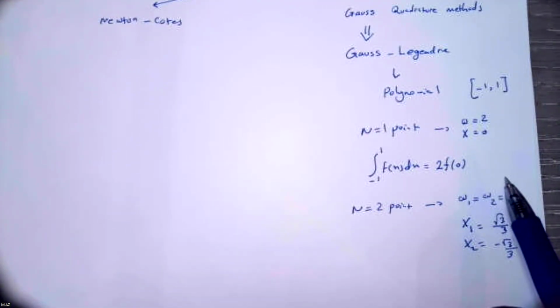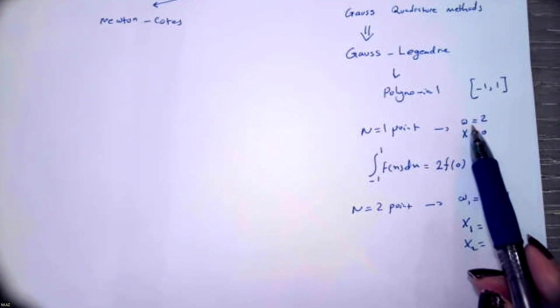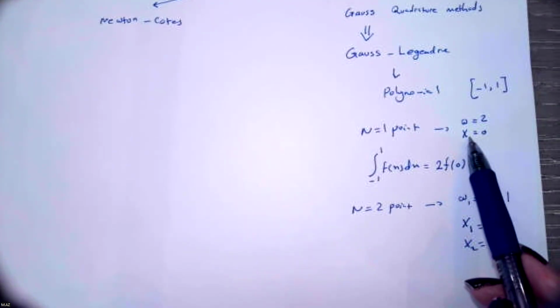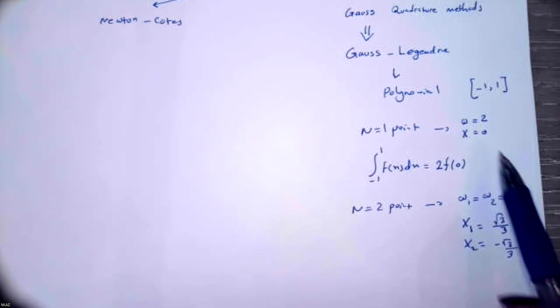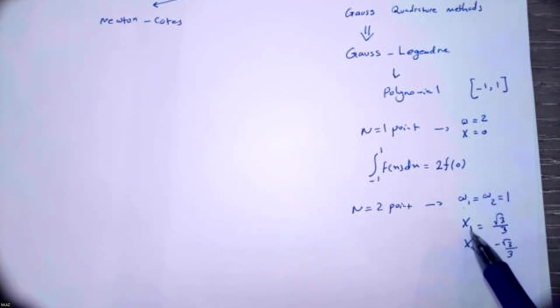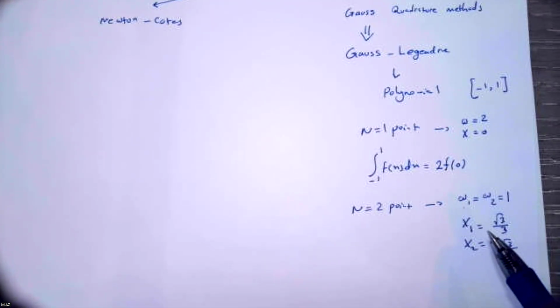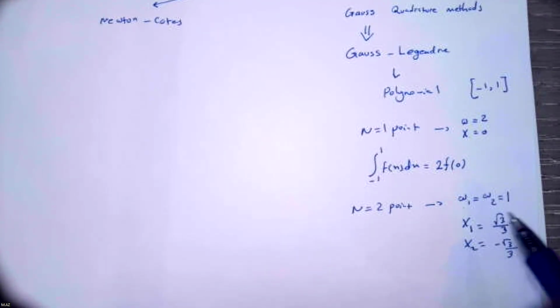As you can see, the W1 and X1 for 1 point and W1 and X1 for 2 points, the values are different. For this reason, depending on how many points we are selecting, the value of the quadrature point and the value of the weight will change, and also we have to evaluate a function at different points.